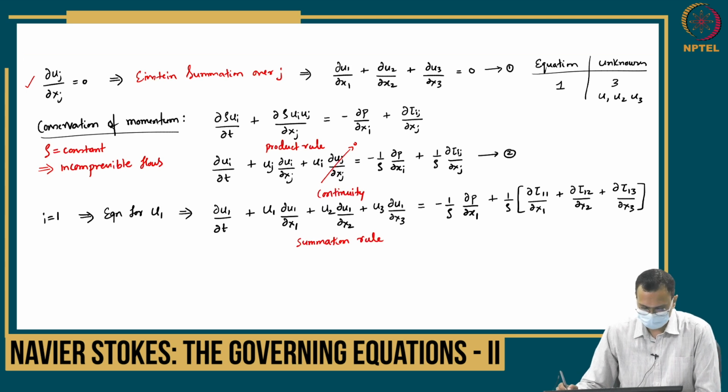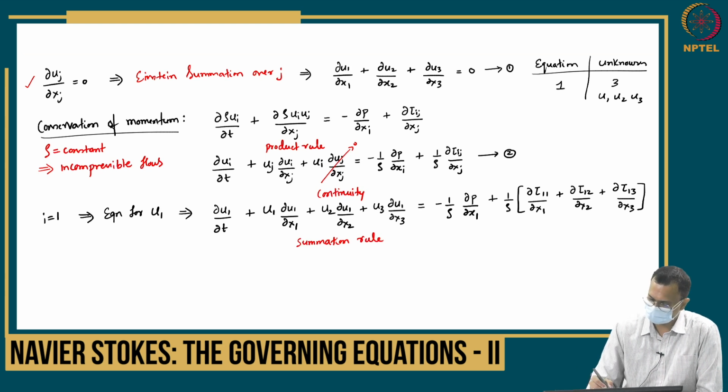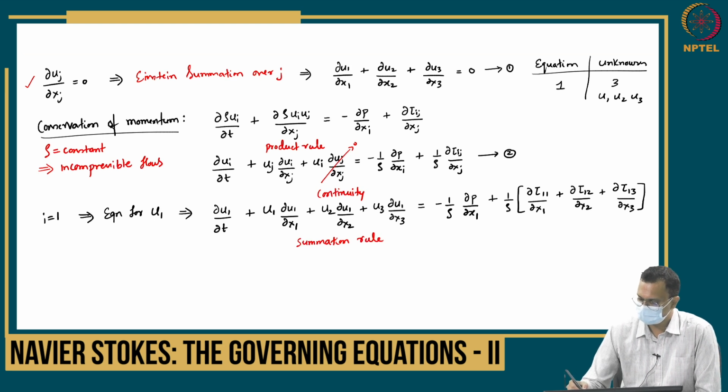So I have one equation here for velocity u1, and I need of course velocities 2 and 3 also, but for that I can write an expression for i equal to 2 and i equal to 3. I will get equations for u2 and u3 velocity. So the left hand side is completely taken care of, but I have extra unknowns on the right hand side.